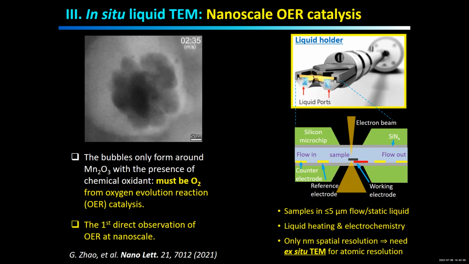We do find that with the thin liquid layer, the behavior of this reaction will be different, probably due to the flow rate or the local concentration of the solution. So we were told that the thicker the liquid, the more it will resemble the microscopic measurements. But in order to go to the nanoscale, we have to go to the thin liquid layer. So we have a limitation like that. At least for the OER, it's not exactly the microscopic environment yet.